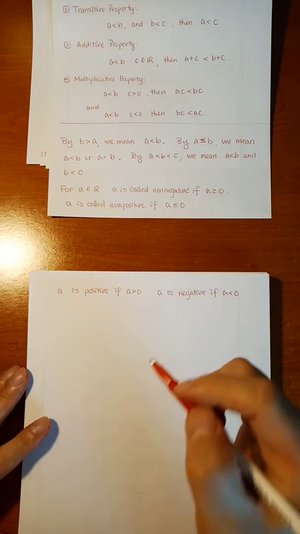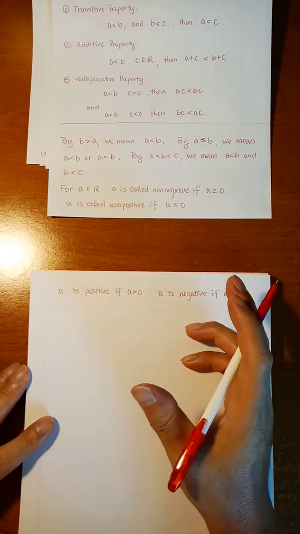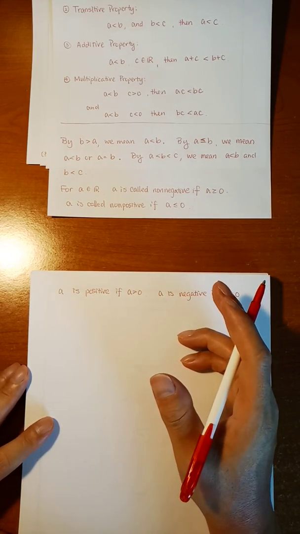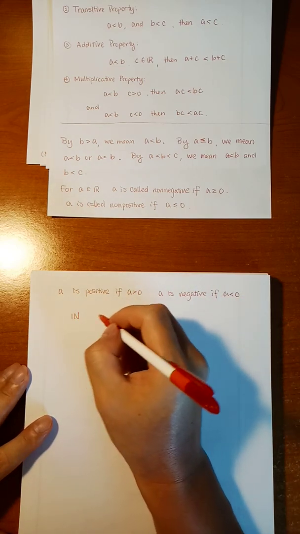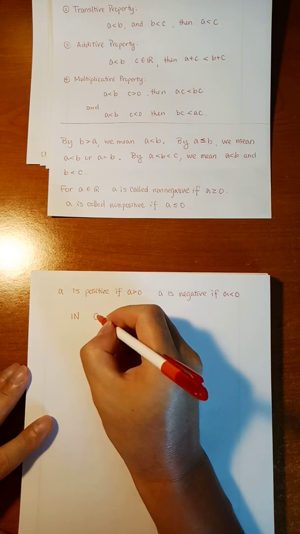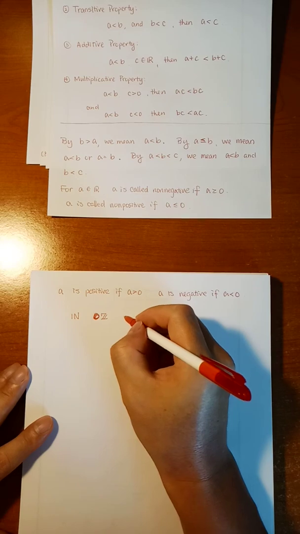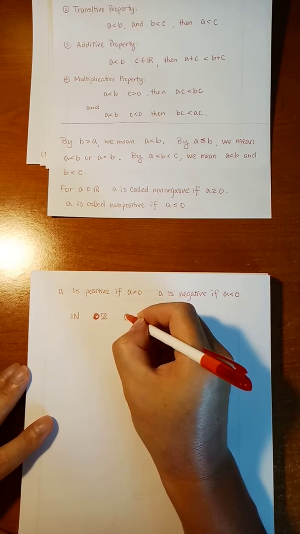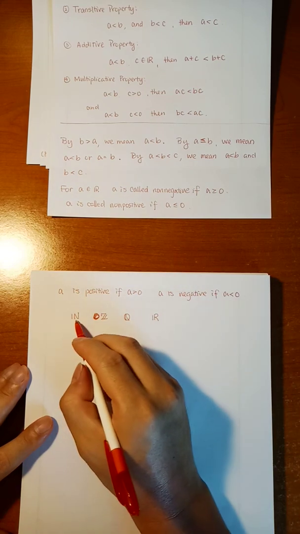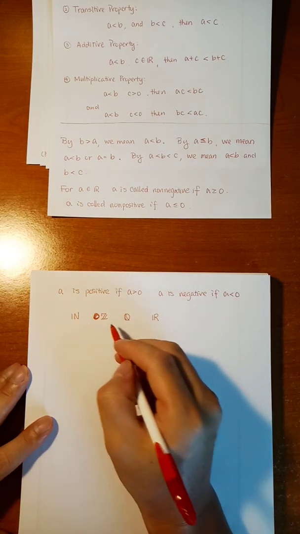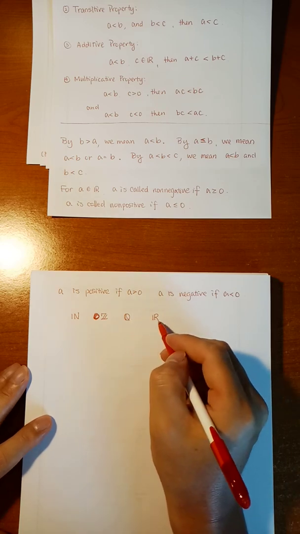And then, as we already mentioned, we have some categories of numbers. We can classify the numbers. We have the natural numbers, the integers, the rational numbers, and the real numbers.